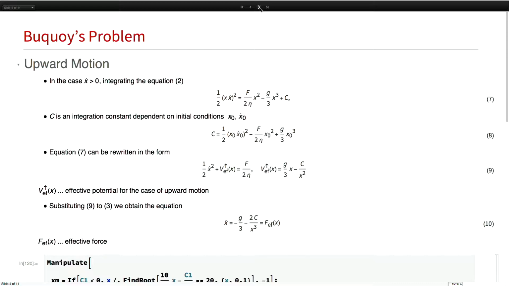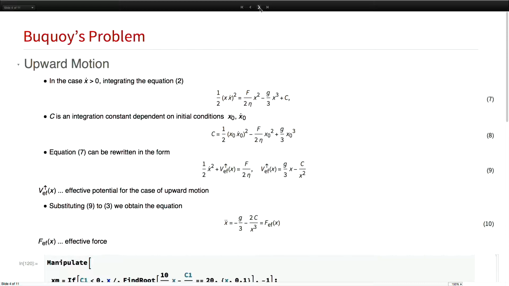To look for a solution for ẋ greater than 0, we can integrate equation 2 to obtain the following equation 7, where c is an integration constant depending on initial conditions as in equation 8. Equation 7 can be rewritten as the following equation 9.